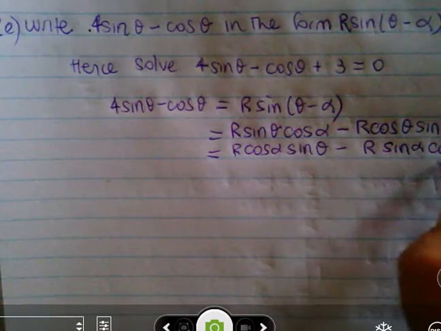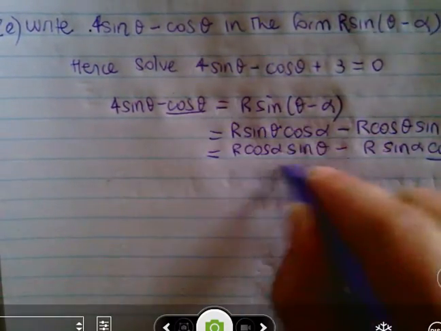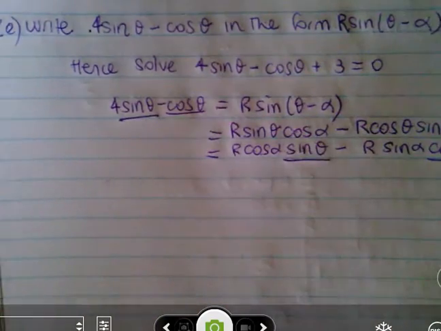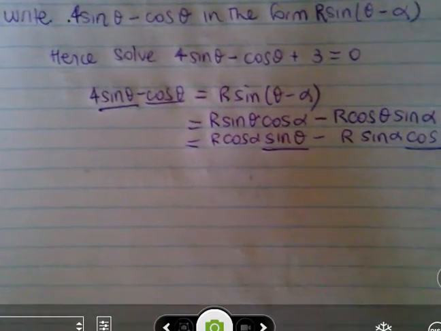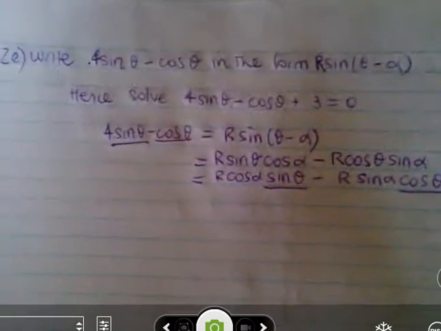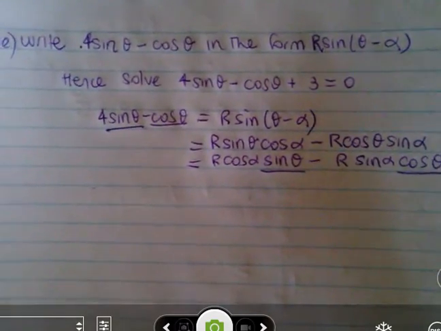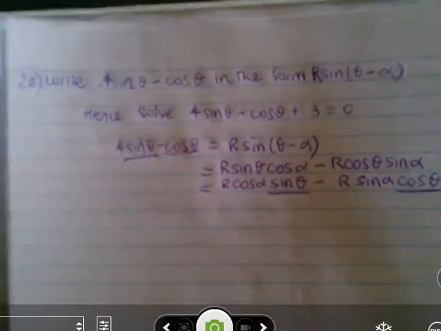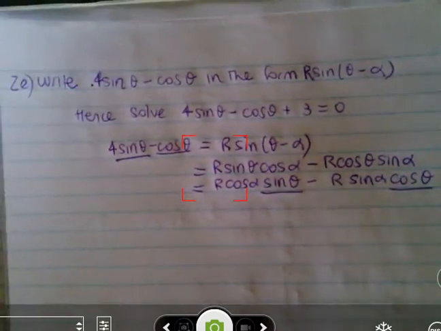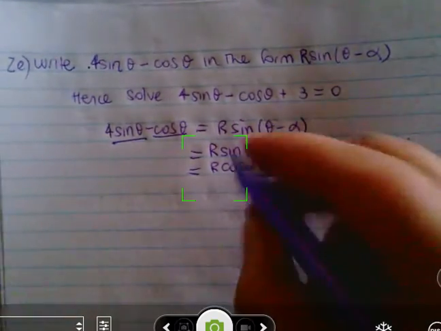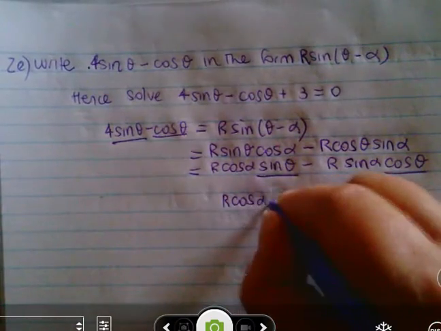Why do I do the swap? So that I can see which ones match up with each other. So we can see that R cos alpha is 4.